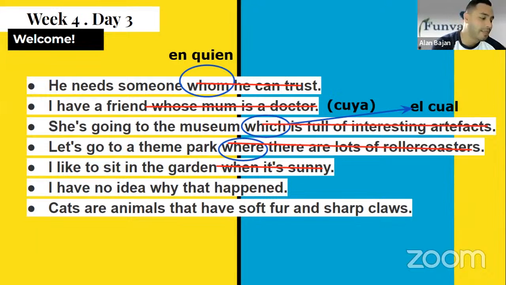Where is the relative pronoun here, class? Why. If you want to specify, I have no idea why that happened, why that accident, why that relationship happened.